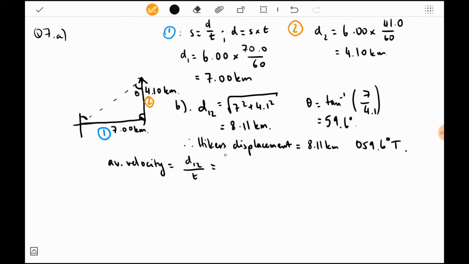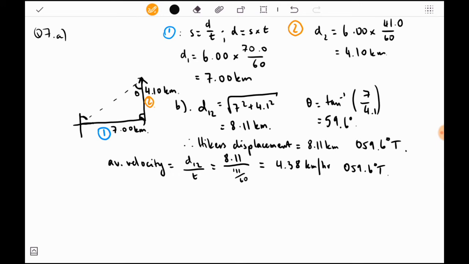So this would be 8.11 divided by 111 over 60, and that is just 4.38 kilometers per hour, and it will be in the same direction as the displacement, so at 059.6 degrees true.